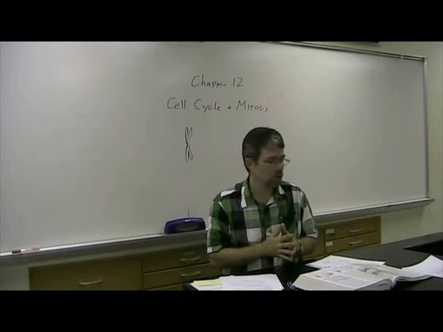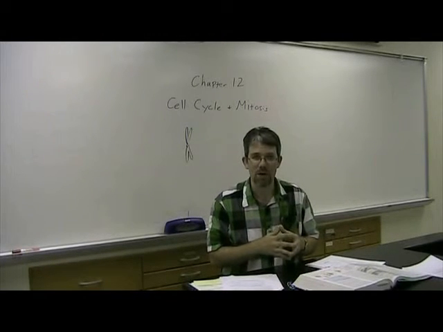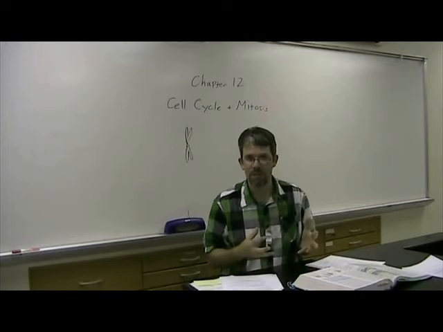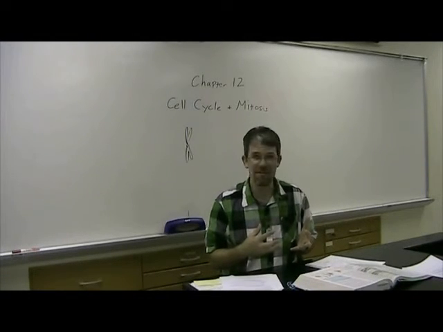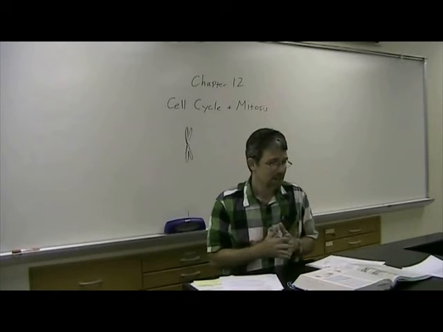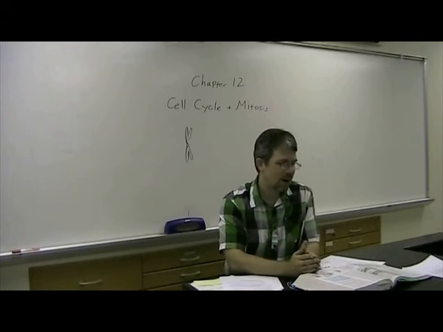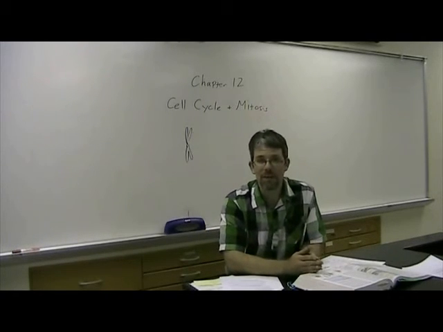Now, these are all natural controls. Cancer cells, tumor cells, represent a loss of control. They are growing and dividing uncontrollably. They will keep growing when they fill up their space. They will keep growing whether they're anchored or not. They will keep growing whether they have growth factors or not. So, in your notes, I describe the differences between benign tumor and malignant tumor.